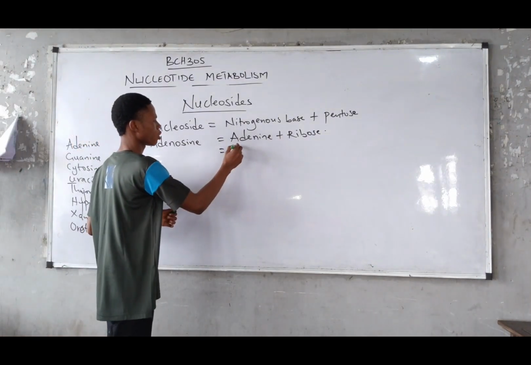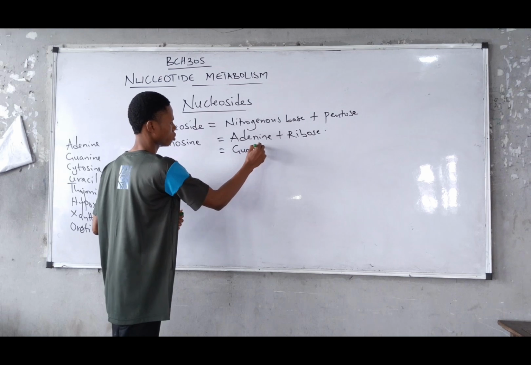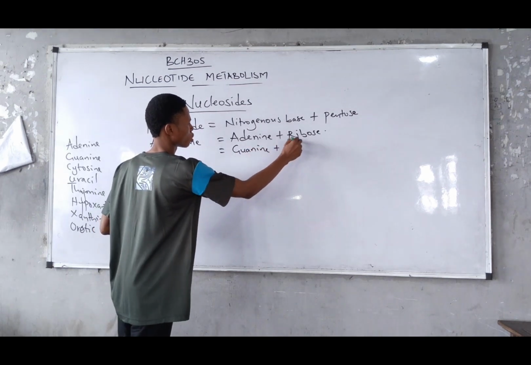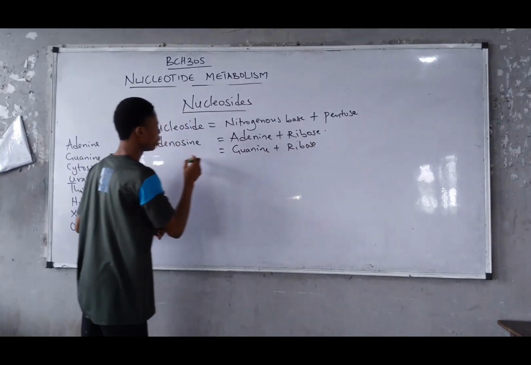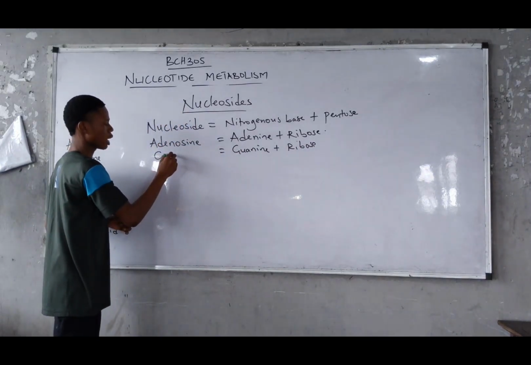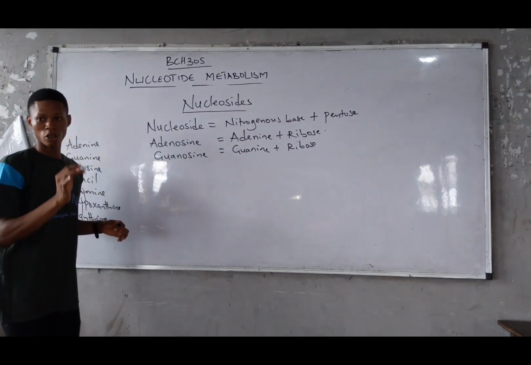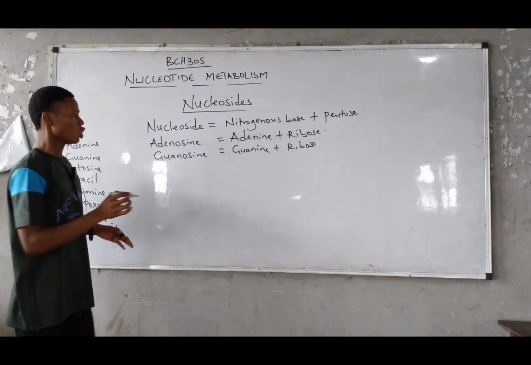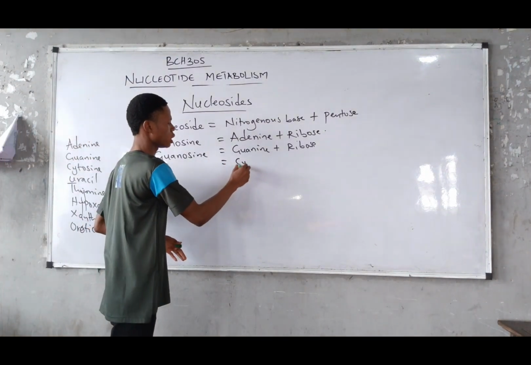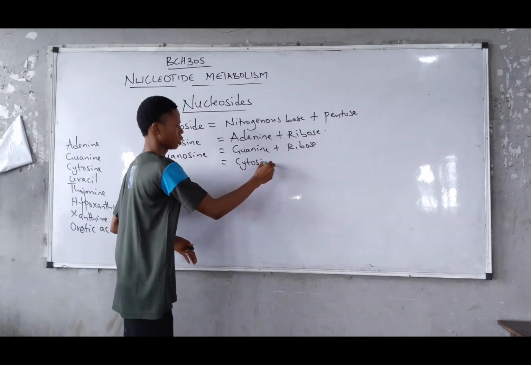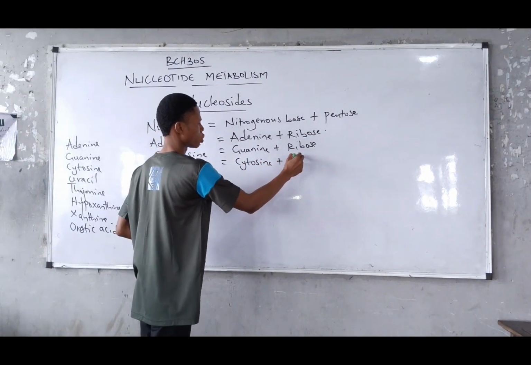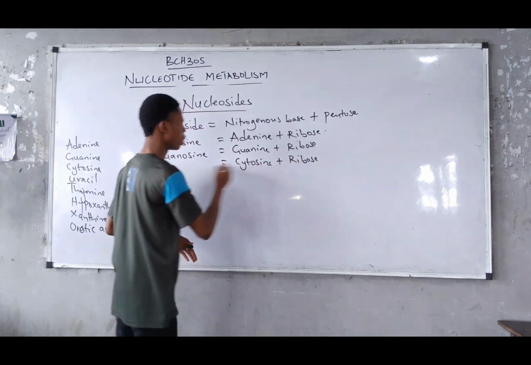Now, if we have guanine and ribose, what will you call it? Guanosine, right? Good. Now, notice what is going to happen. If you have cytosine and ribose, what will you have?